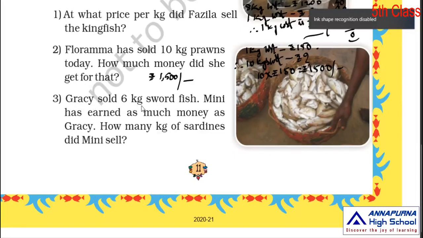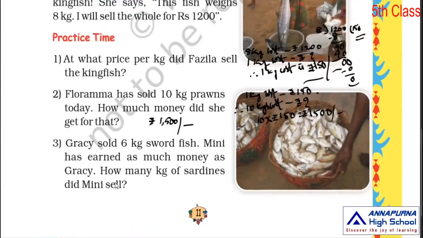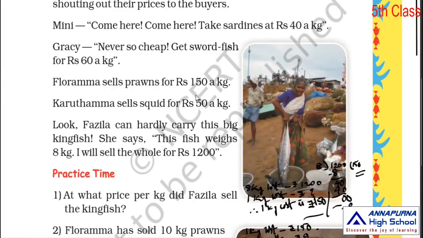Gracie sold 6 kg swordfish. Minnie has earned as much money as Gracie. How many kg of sardines did Minnie sell? This is Gracie.